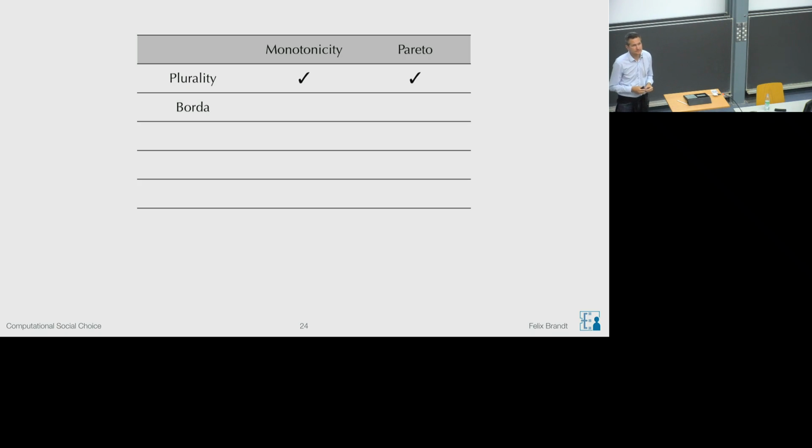Wasn't the example you showed in the very beginning with Trump one that proves that against Pareto optimality, that everybody thinks that Cruz is better than Trump, but Trump still won the election? Okay, so again, I repeat it for the recording. The question was whether in the Cruz, Trump, and Kasich example, Trump was Pareto dominated.